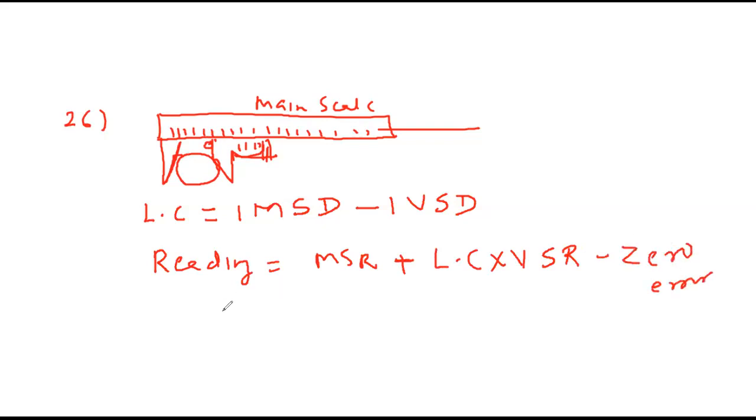This is the formula for total reading. Least count formula, one main scale minus one vernier. Vernier scale reading means some of the line will coincide with this. Whichever line is totally coinciding with main scale is called vernier scale reading.